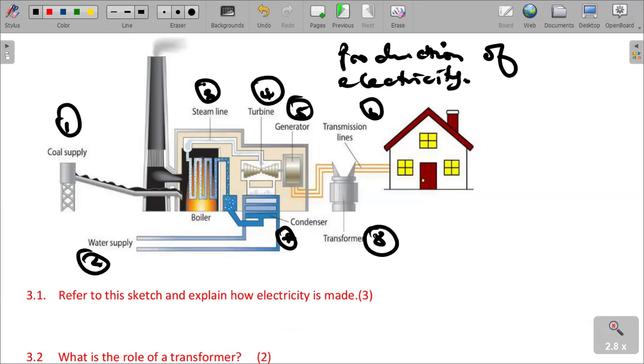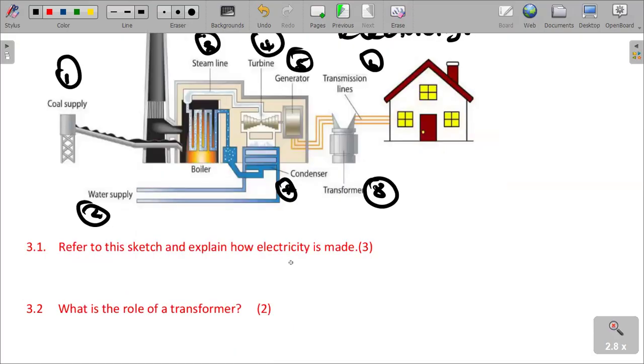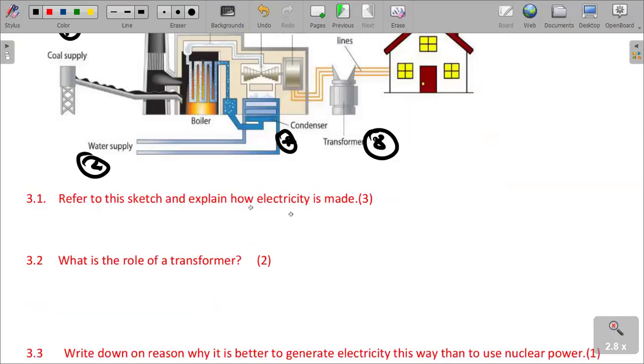But I think it's more or less similar to the question that we just explained. Explain how electricity is made. So in this case, how is the electricity made?